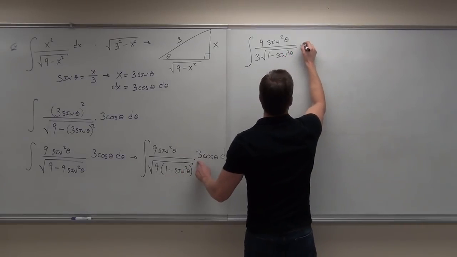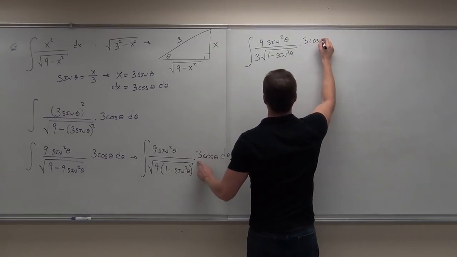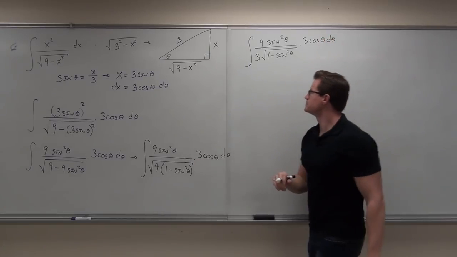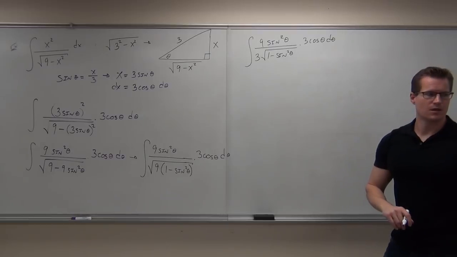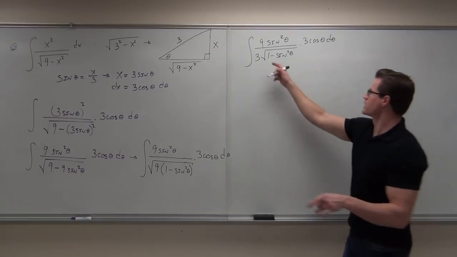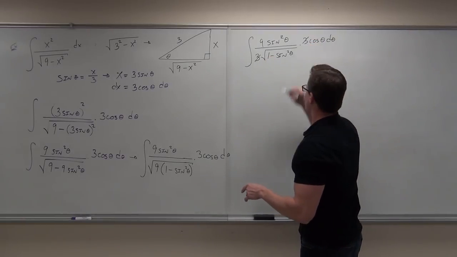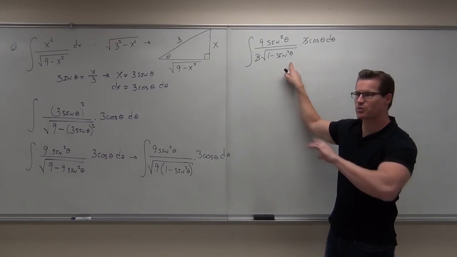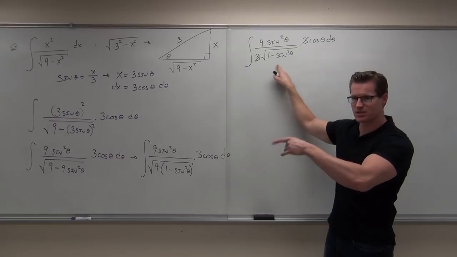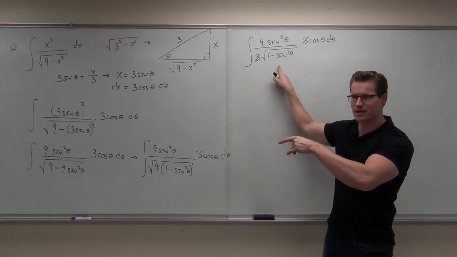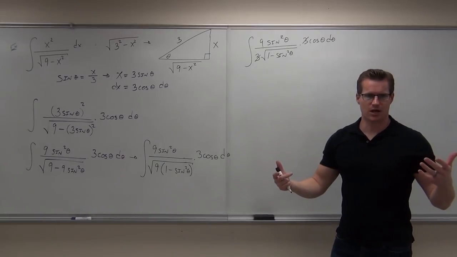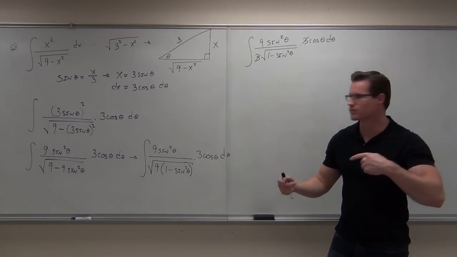And then up here we've got 3 cosine theta d theta. The 3's cancel out. 3's are gone, 3 here, 3 here. Also, check it: 1 minus sine squared theta. This is why we did that substitution, because this will work for us. So what is 1 minus sine squared theta? Cosine squared. That's why we use sine, because that works nicely for us.